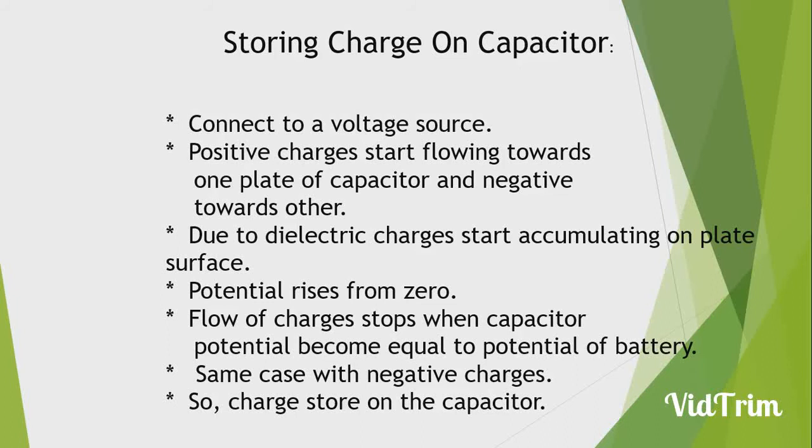Flow of charge stops when the capacitor potential becomes equal to the potential of the battery. The same is the case with negative charges. So charge is stored on a capacitor in this way. The voltage source is the main source for storing charge in a capacitor.